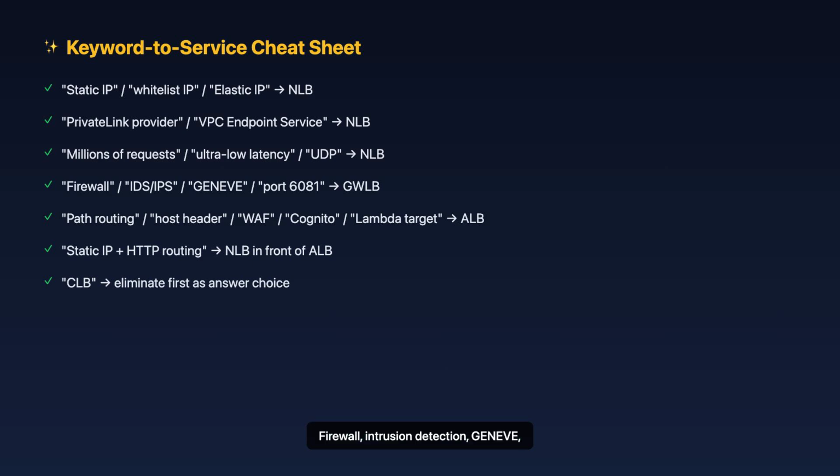Firewall, intrusion detection, GENEVE, or port 6081 points to the gateway load balancer. Path routing, host header, or WAF means application load balancer. And static IP plus HTTP routing together means network load balancer in front of application load balancer, while a classic load balancer answer should be eliminated first.